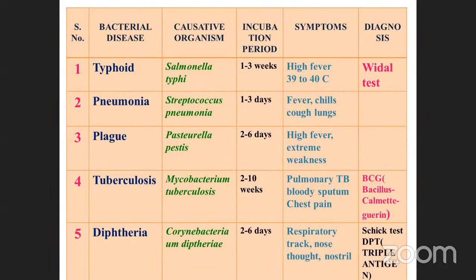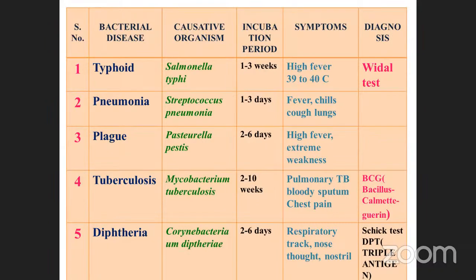See, how many diseases have we already discussed? 10 diseases already discussed. They can be represented in tabular form. See here, you have to practice like this: serial number, bacterial disease and causative organism, incubation period, symptoms, and diagnosis.